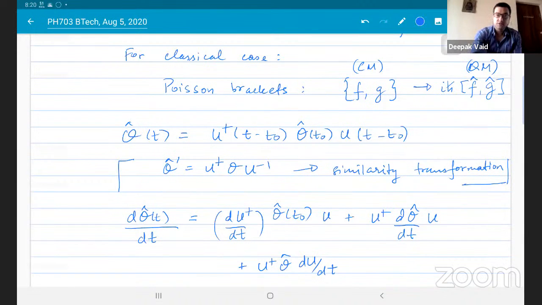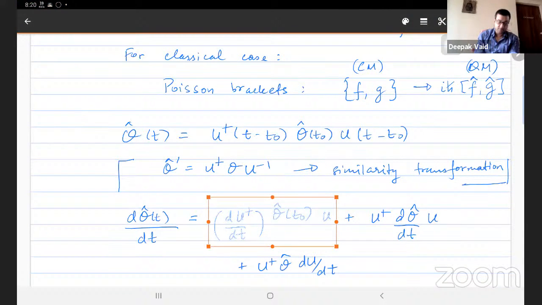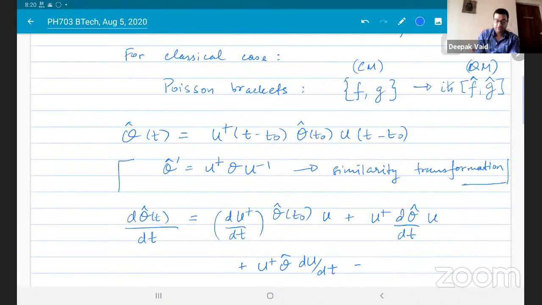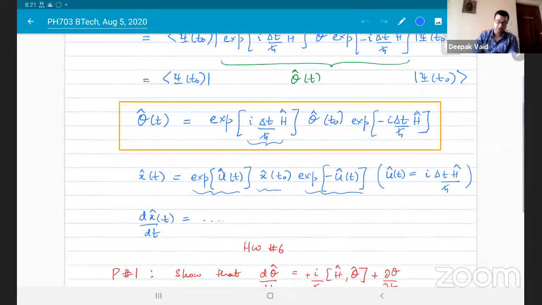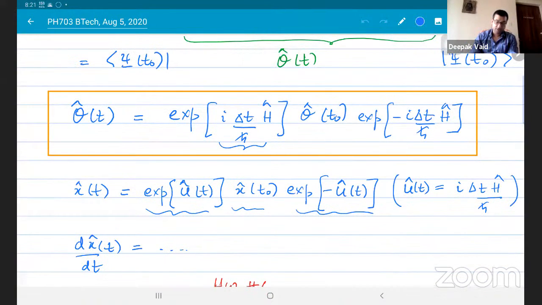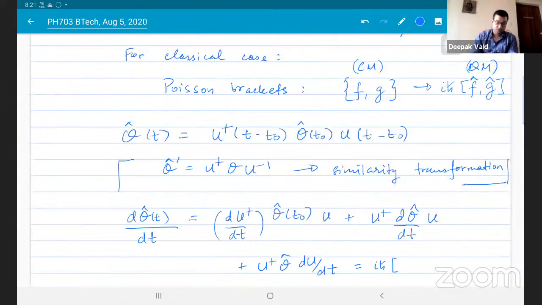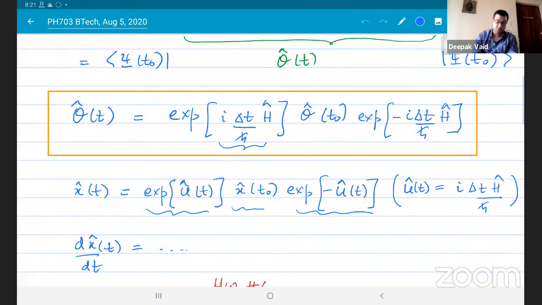Anyways, now these two terms, the first term and the third term, together give you the commutator when you take the time derivative of this unitary operator, right? One power of the Hamiltonian comes down from the exponential. So don't confuse this U with this U. I'm using the same symbol, but one is an exponential, the other is the operator.